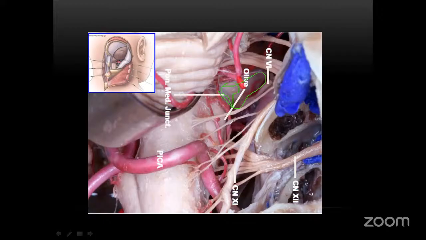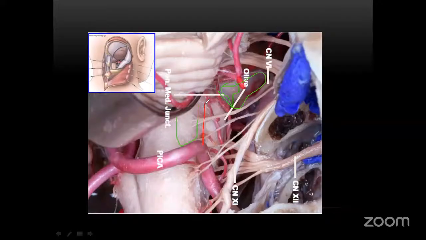When we see laterally, it is quite easily visible. This is the first bulge. And this is a sulcus. Which sulcus is this one?